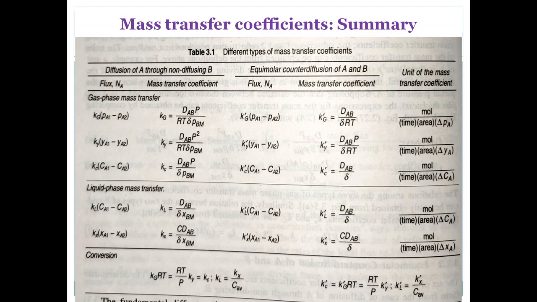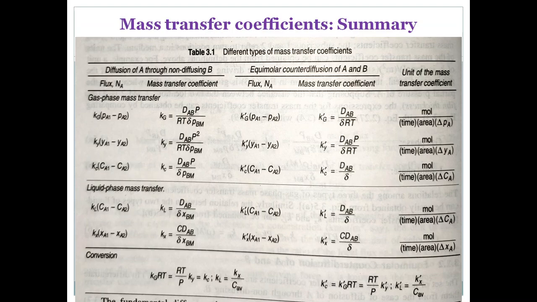So how do we calculate the heat transfer coefficient? We use the famous Dittus-Boelter equation. In the Dittus-Boelter equation there are three dimensionless numbers: the Reynolds number, the Prandtl number, and the Nusselt number. That is the simplest equation.